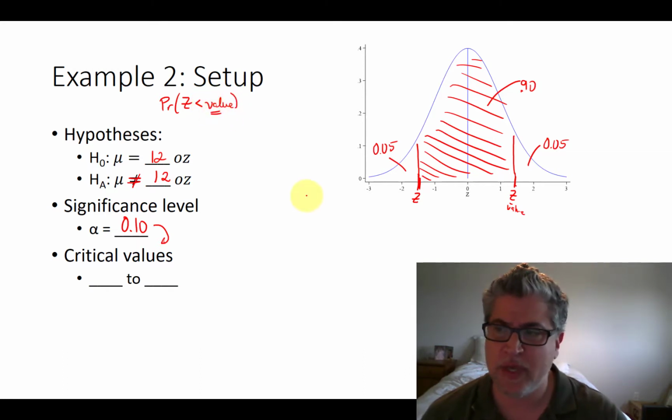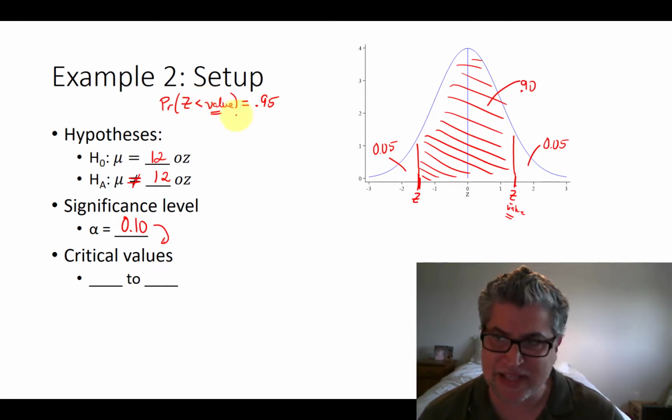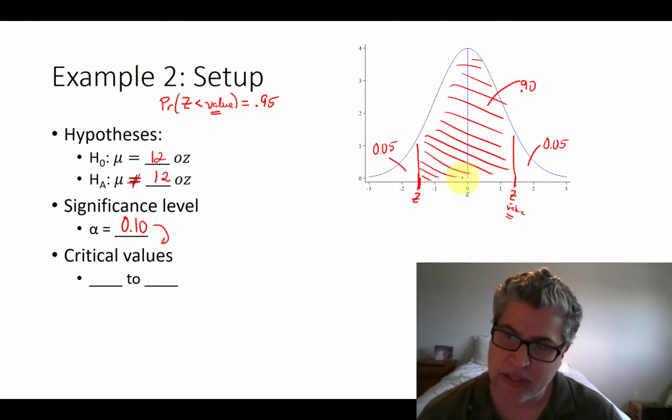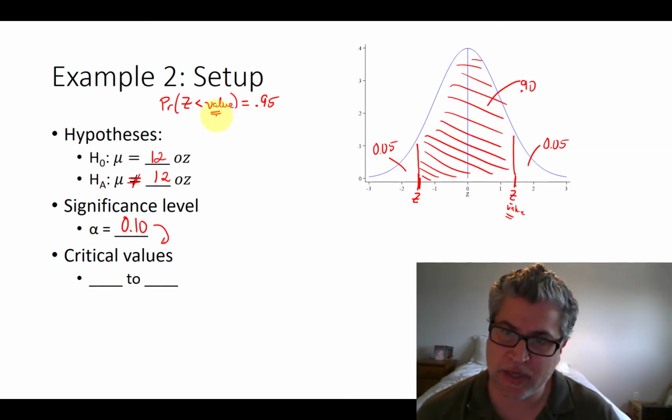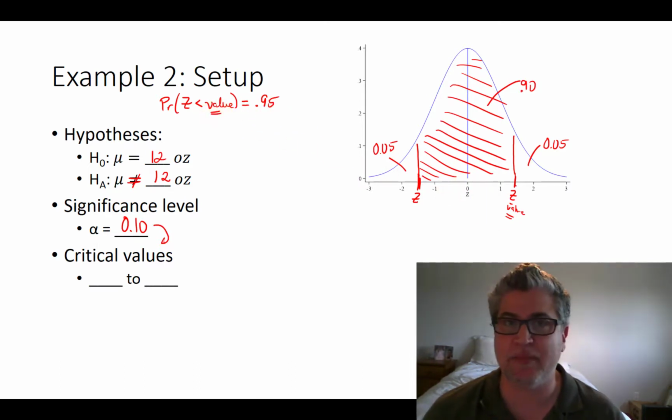So what value here should we have so that this probability is equal to, well, let's see, we have 90 plus 5, 95%, right? You get that less than sign. So the probability that's less than this particular number is not just the shaded in area, but also this part here. So we want to know this particular value that corresponds to that probability.